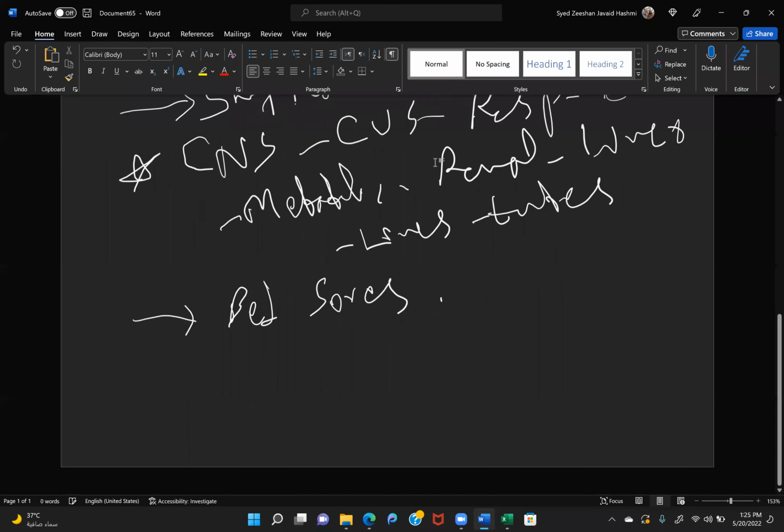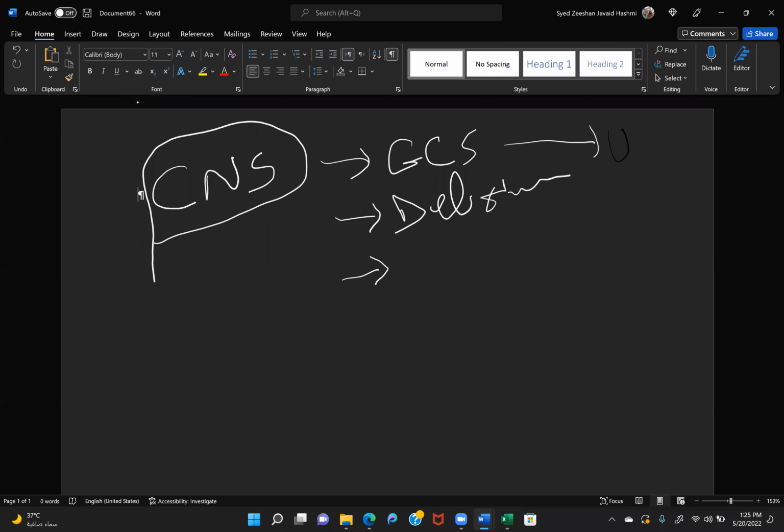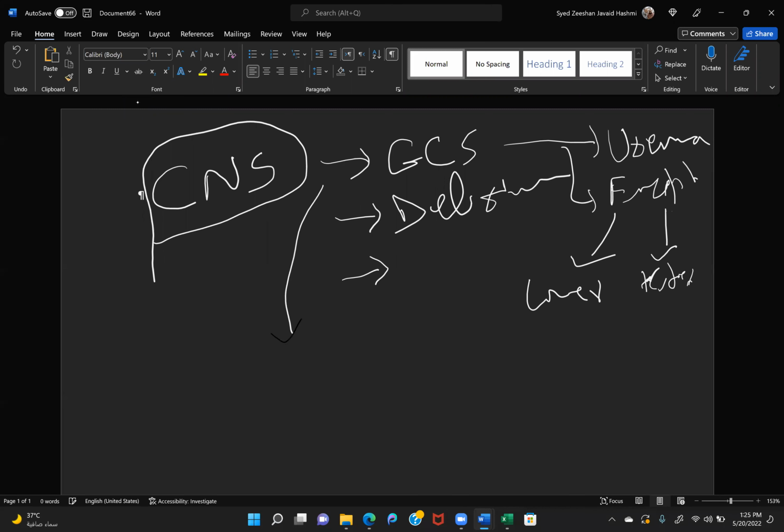So if you want to evaluate, for example, CNS, what things should you keep in mind? The patient may have low GCS, or the patient may have delirium. Low GCS may be because of uremia, or encephalopathy of liver or kidney origin, or the patient has some basic neurological problem like stroke or hemorrhage.